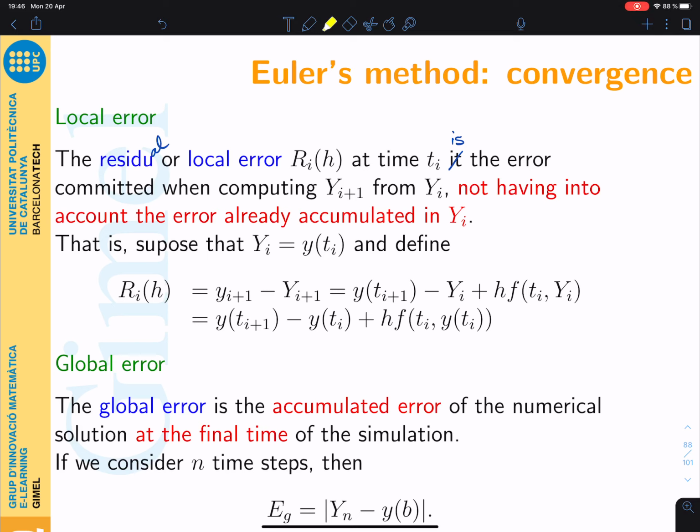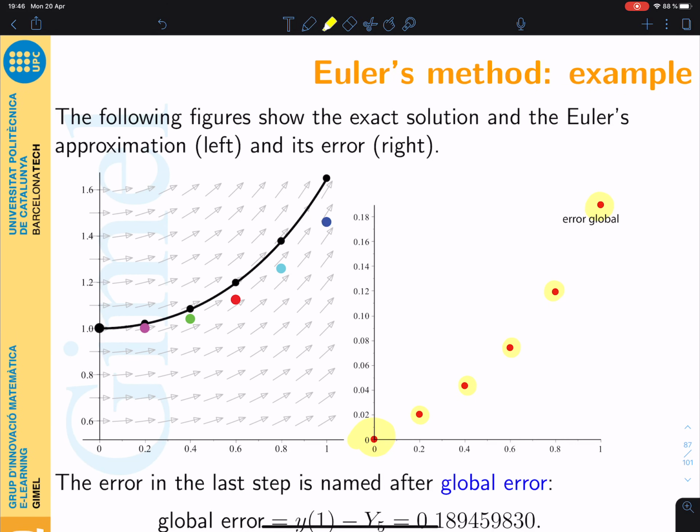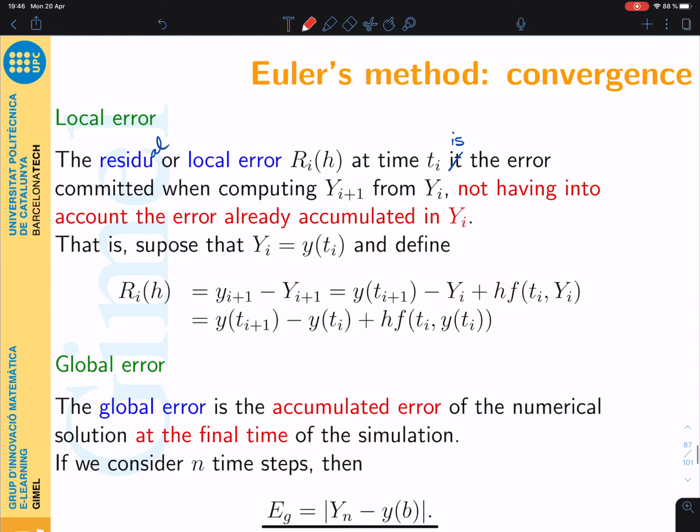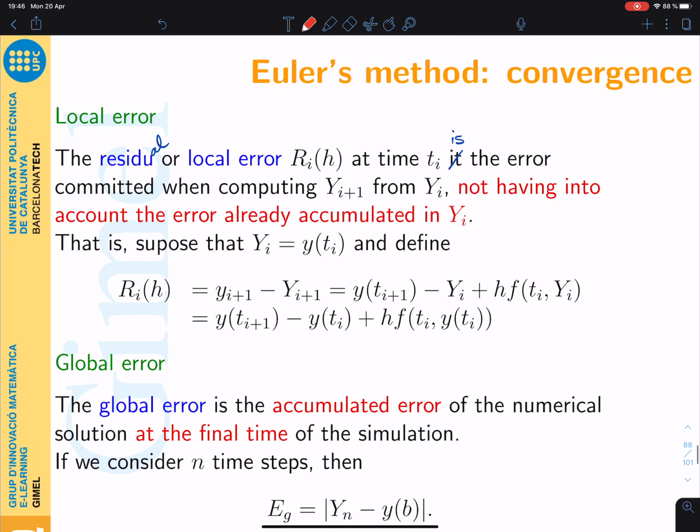The local error is the error committed when computing y(i+1) from yi, but not taking into account the error already accumulated in yi. Let me explain it better.